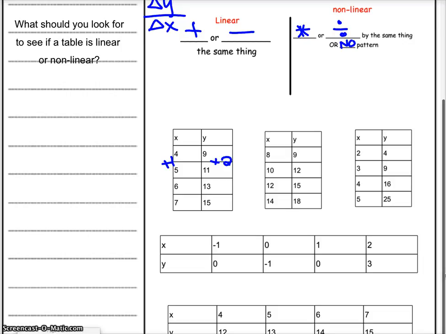All the way down. That would be linear, adding the same thing. What do I have here? Plus 3. Do you agree with me, yes or no? Plusing 3 all the way down. What am I doing to the x's? Plus 2 all the time? Linear. Is that plus 3? Yeah.